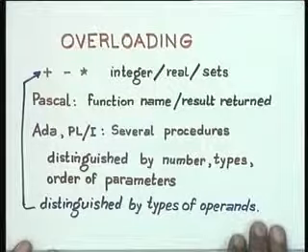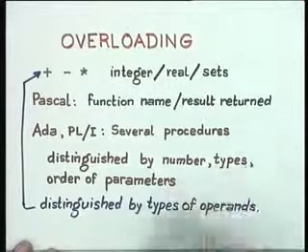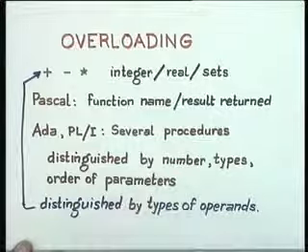The only distinction is based on the types of operands or the types of parameters, which is mathematically the same thing, though in terms of language implementation it is different. It depends on the types or order of operands. Just on that syntactic basis you have a distinguishing capability between different bindings for the same name available within the same scope. Okay.